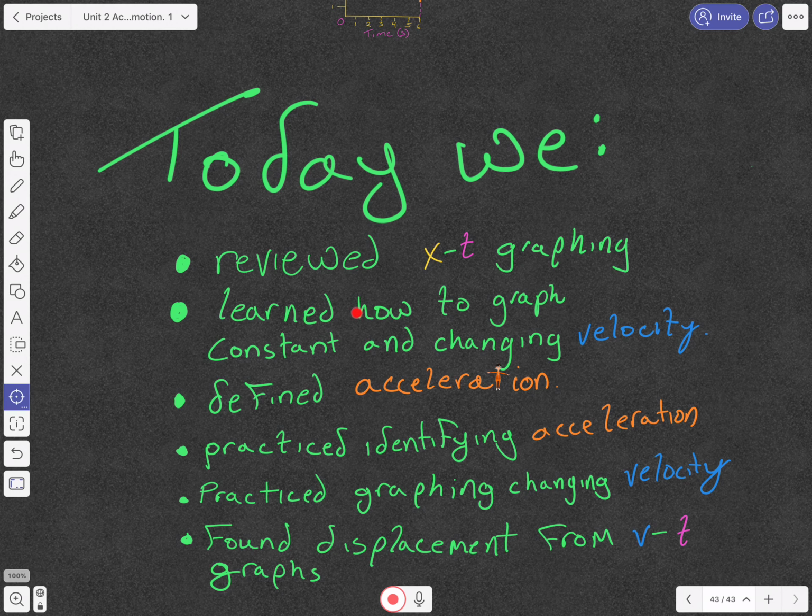We learned how to graph constant and changing velocities. We defined acceleration. We practiced identifying acceleration from motion maps. We practiced graphing changing velocities. And we found displacement from a velocity time graph.